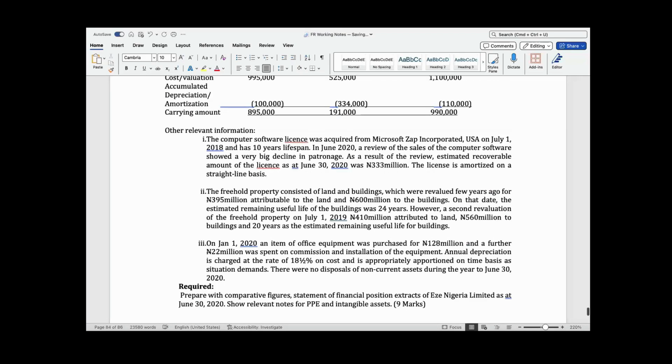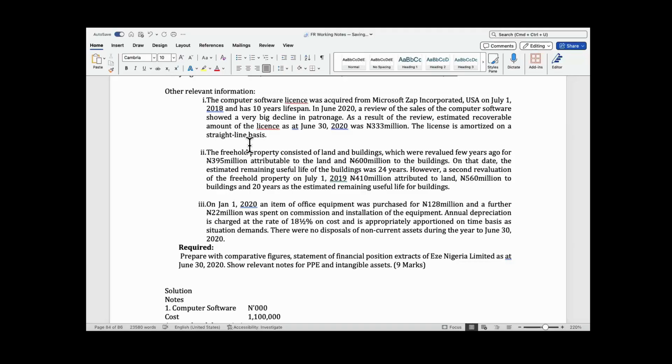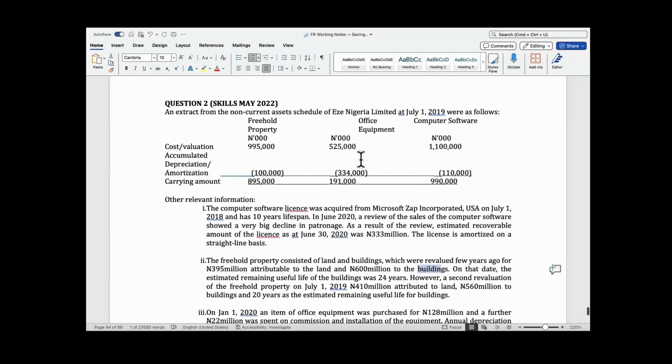So the second one is freehold property. It consists of land and building which were valued a few years ago for 395 and 600. 395 for land, 600 for building. I think this 395 plus 600, that is 995. Okay, that's the 995 here.